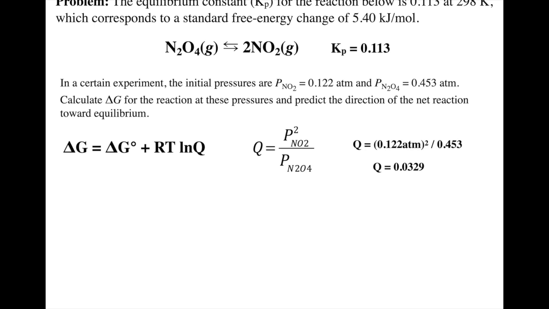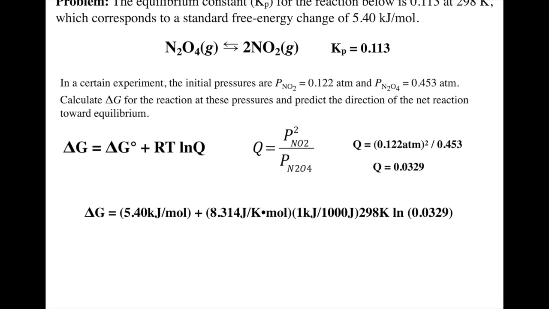If we crunch the numbers, we get Q is 0.0329. That is less than K. So we're not at equilibrium. The reaction will proceed to the right and form more products to reach equilibrium.